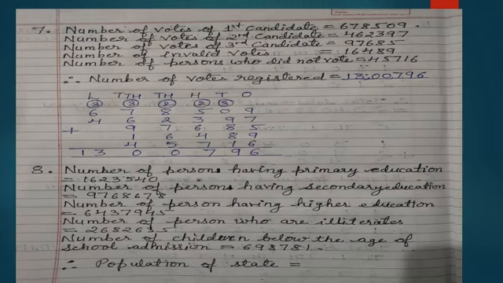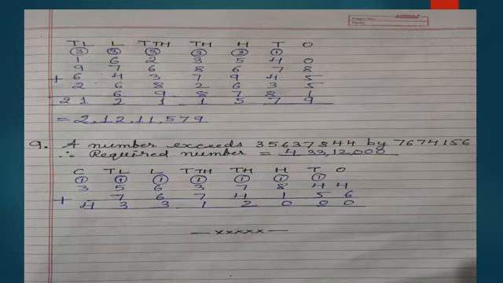Therefore the population of the state is equal to, you have to add all the numbers. After adding, you will get the desired answer. So the answer is 2 crore 12 lakh 11,579.